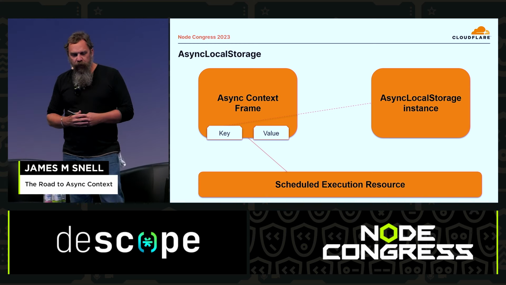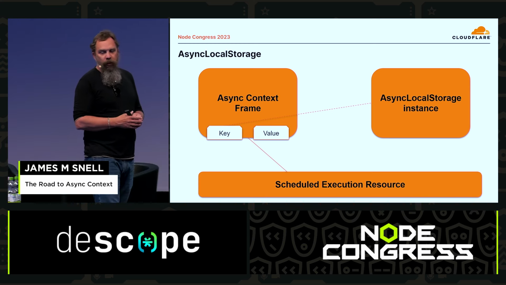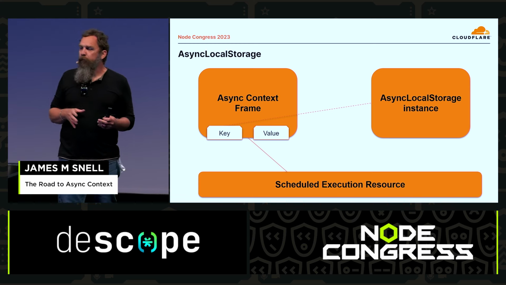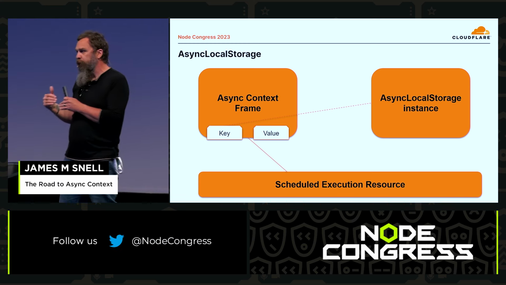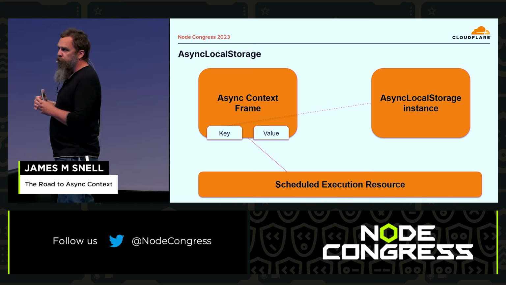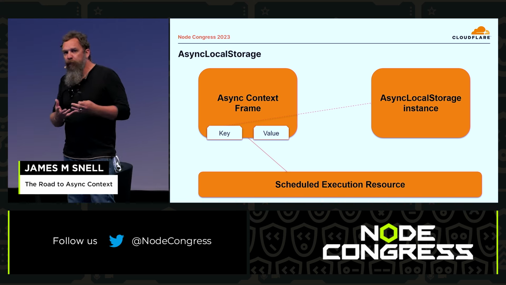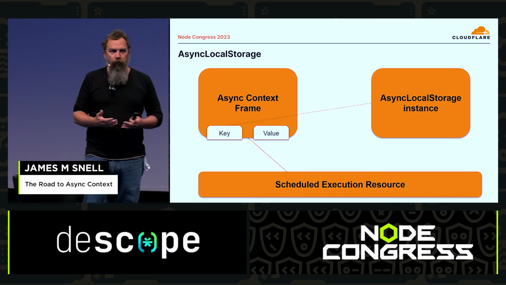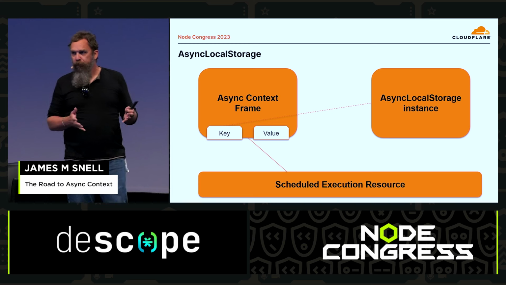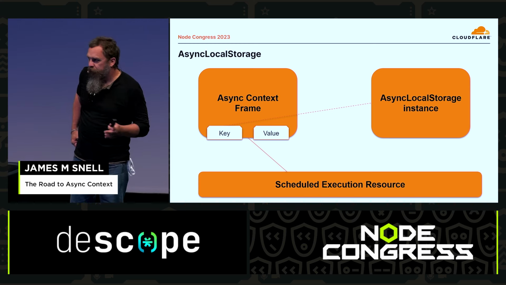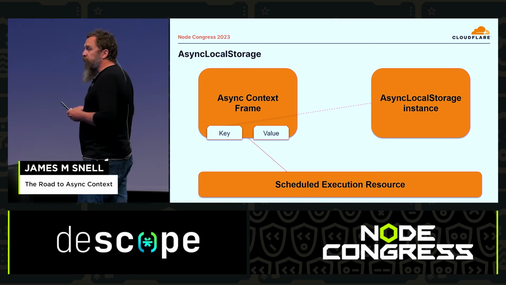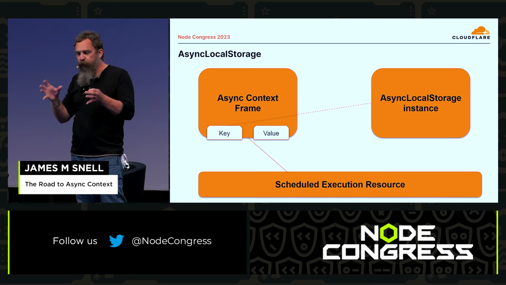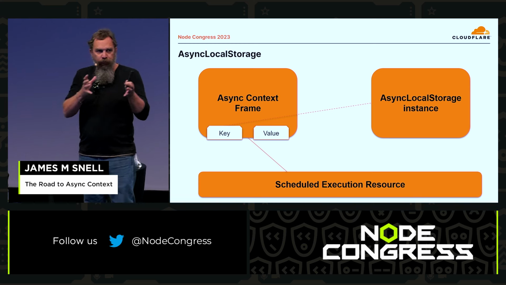So how did we do it? We introduced this thing called an async context frame. Rather than storing all of those key value pairs on the actual execution resource, we create a frame only when the data actually changes, right? So initially when the application's running, there is no frame. We haven't set any values. The first time an ALS instance is used, we will create a frame and set that value, and that frame actually maintains that map, okay?